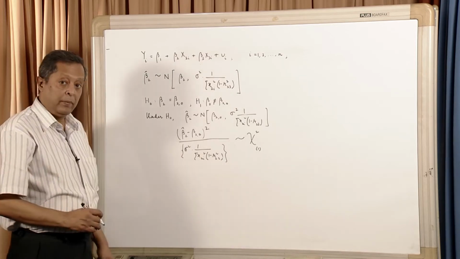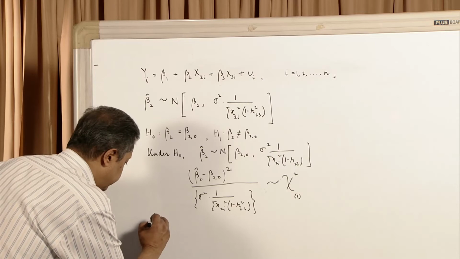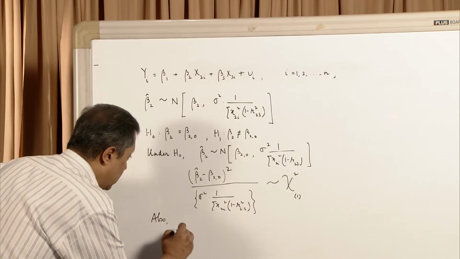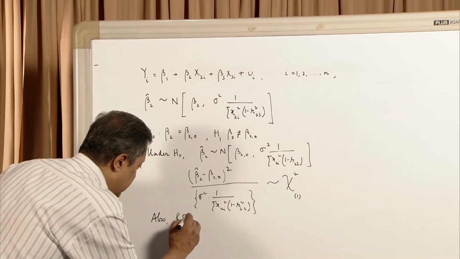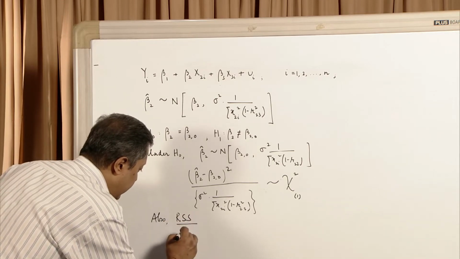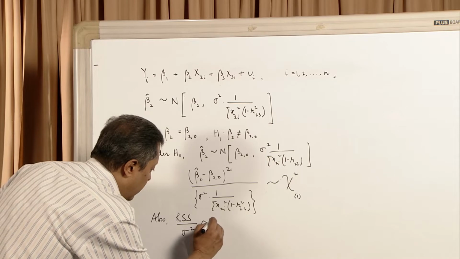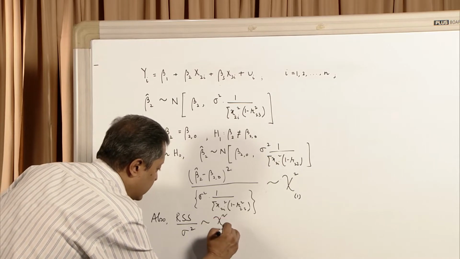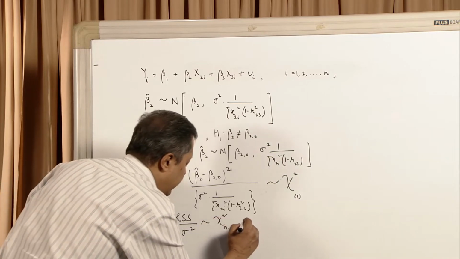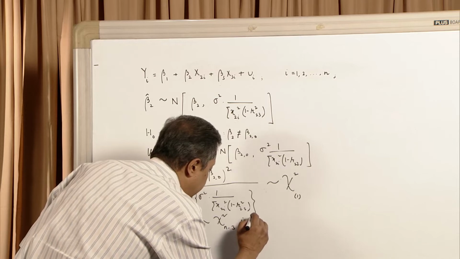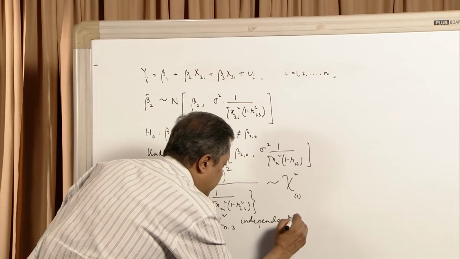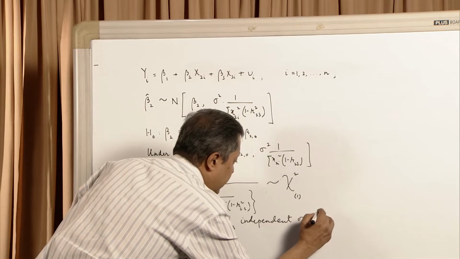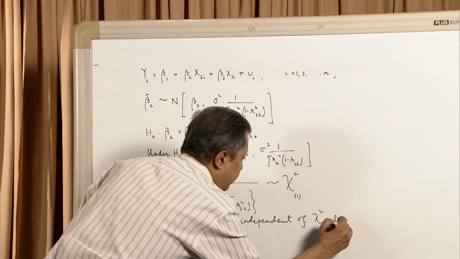Another important information that we use is also from this regression: the residual sum of squares divided by sigma square follows a chi-square with n minus 3 degrees of freedom, independent of this chi-square 1 above.